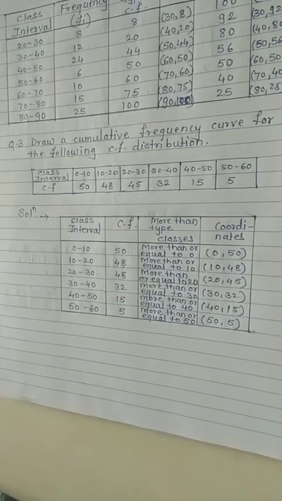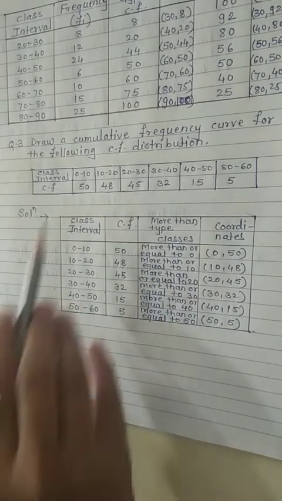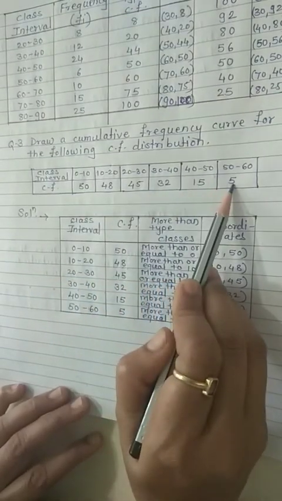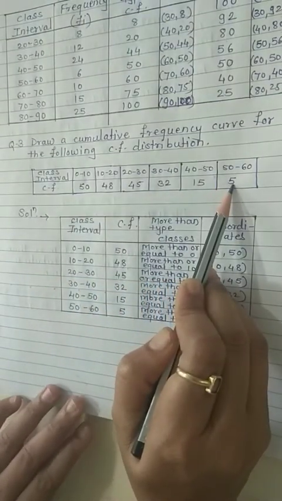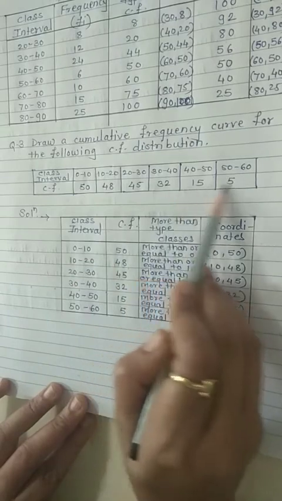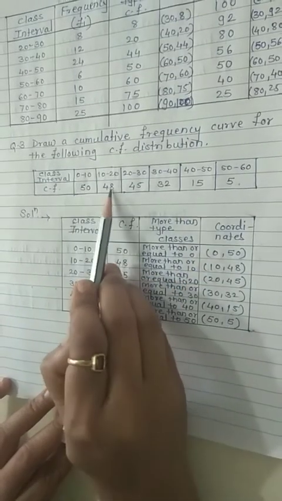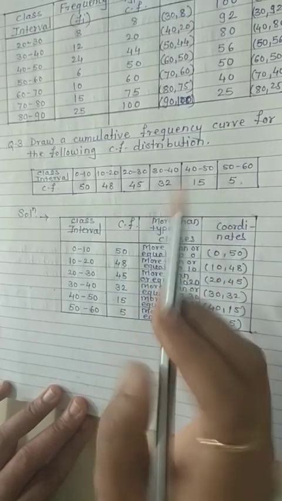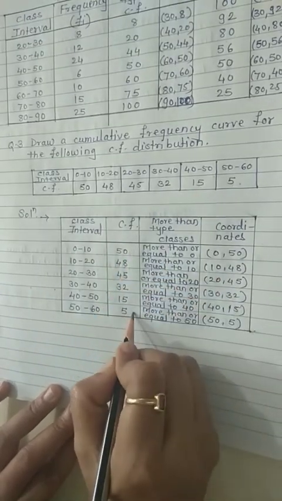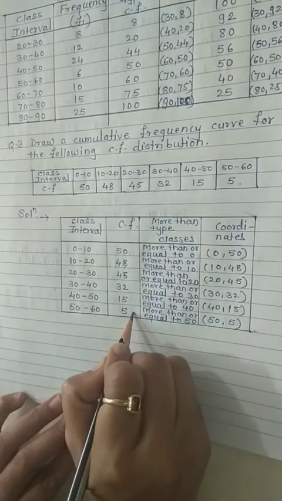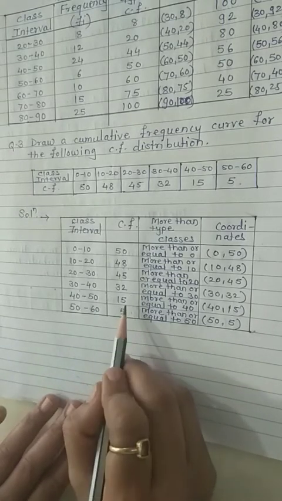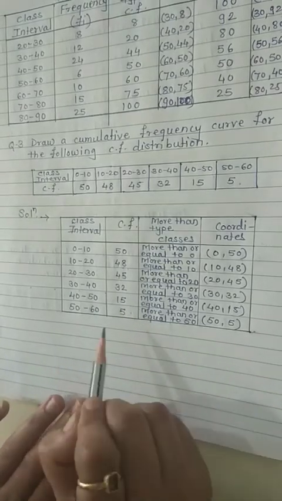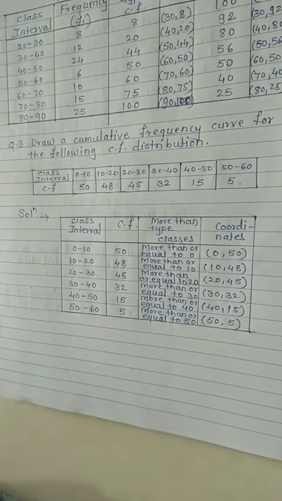From the cumulative frequency, we can say that these are more than type cumulative frequencies because they are in descending order, that is 50, 48, 45, 32, 15, 5. Therefore these are more than type cumulative frequencies, so we have to draw the cumulative frequency curve of more than type.